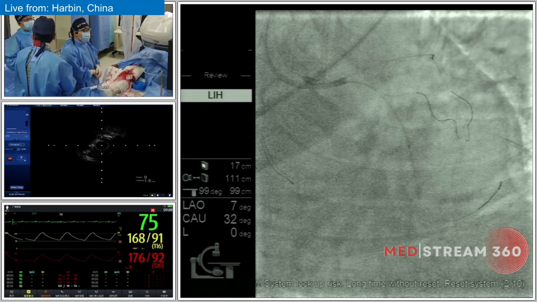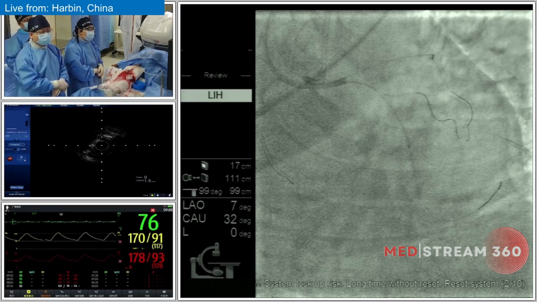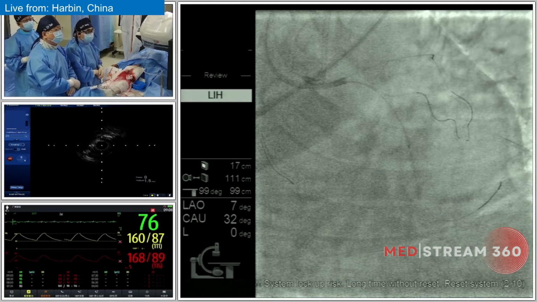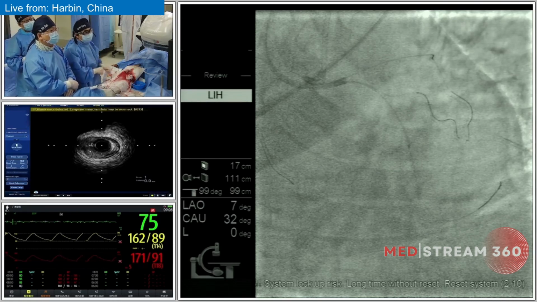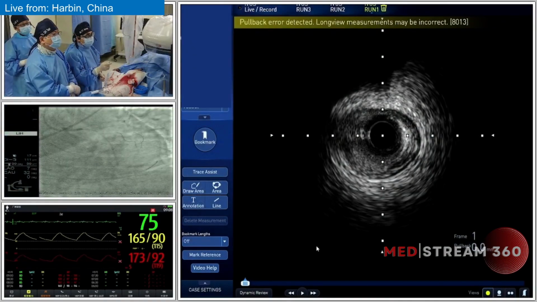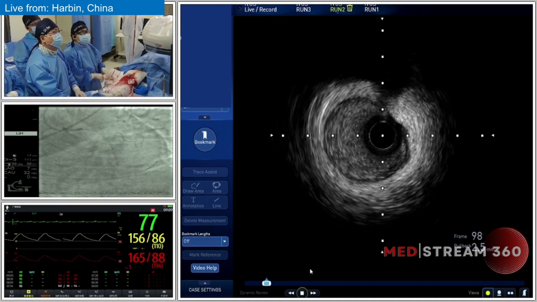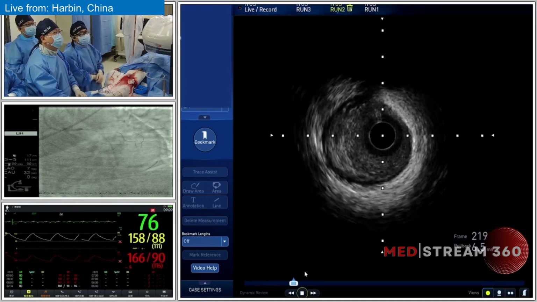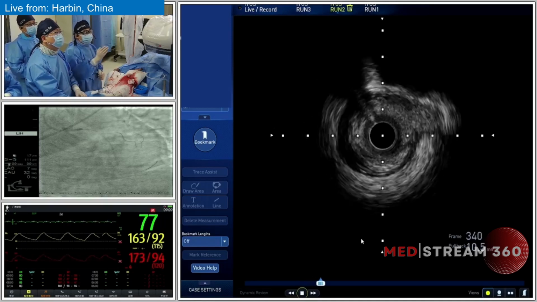So we performed IVUS pullback from the OM to confirm the location of the proximal cap. Okay, from this image we can see this is the OM lumen.